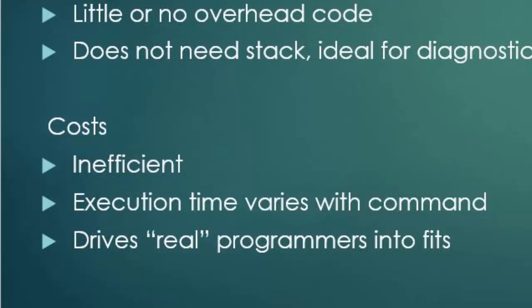And that's not so bad if there's 5 or 10 commands, but if there's a lot of commands, that can take a long time to go through this whole list. And there's a big difference then between hitting the first command and having to go all the way through to the last command. And the final cost is, for some reason, these compare immediates will drive programmers into fits. They just look at this and it just makes them cringe.